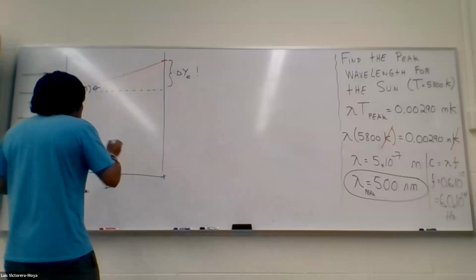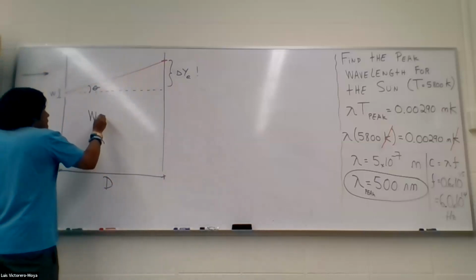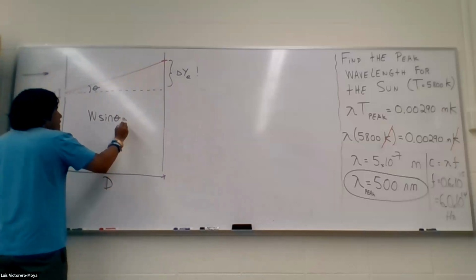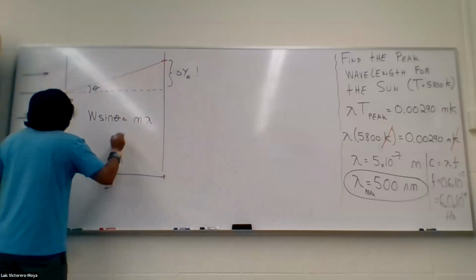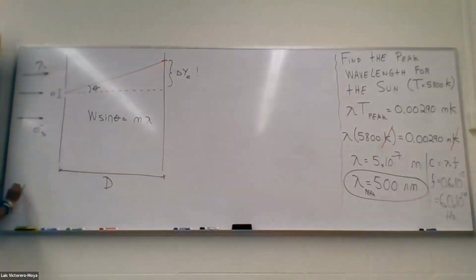So we know that the equation for this is W sine theta equals m lambda. What's lambda? Well, remember, lambda equals h over p now. The associated wavelength, right? Because electrons have some velocity.